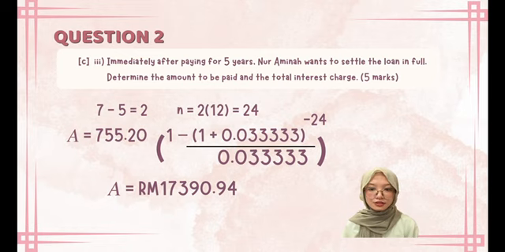Now we substitute the information we have into the formula to find the amount to be paid, which is A24 equals 755 ringgit 20 cents multiplied by 1 minus open bracket 1 plus 0.033333 close bracket with the power of 24 over 0.033333. And then we get A24 equals 17,390 ringgit 94 cents.